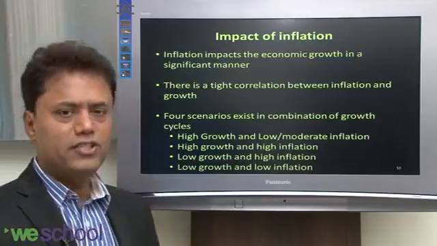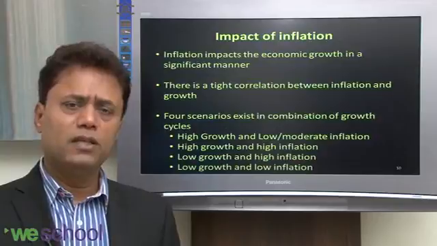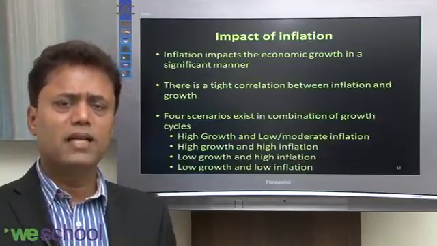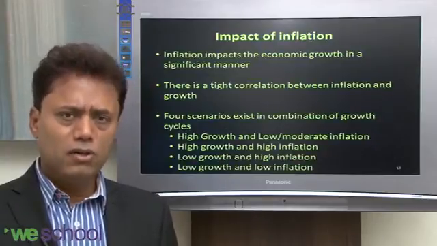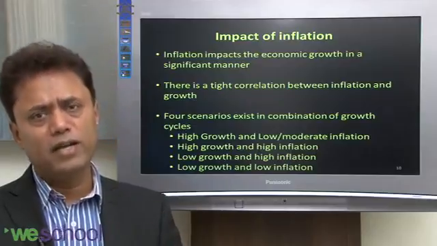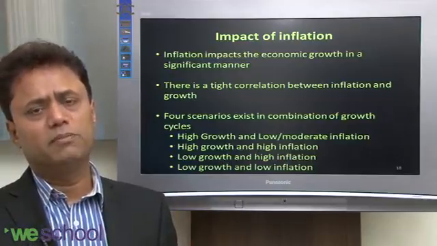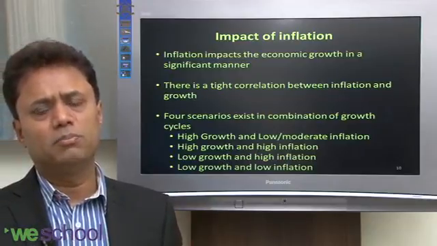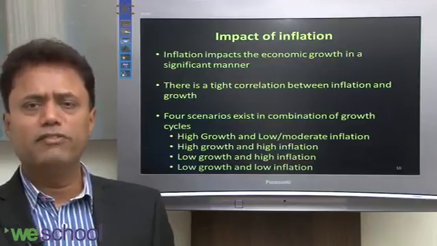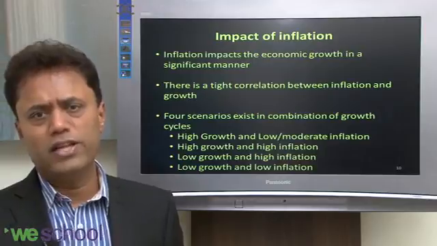Let's talk about inflation. What is inflation? Inflation is the percentage that clearly describes the amount that you pay high or low in a year for a particular commodity or a particular group of products. It could be food inflation, it could be a consumer index, it could be core inflation.